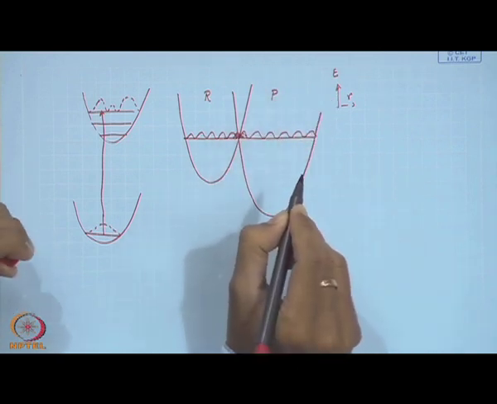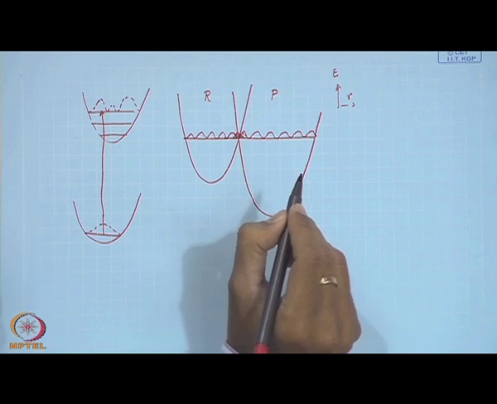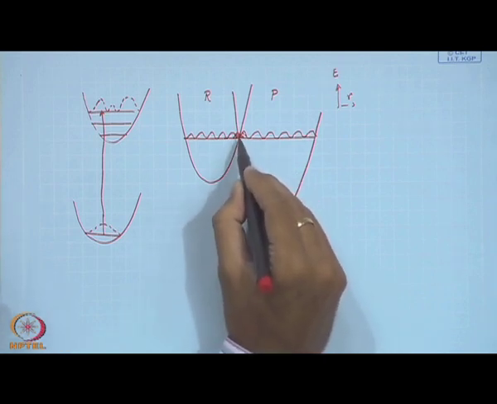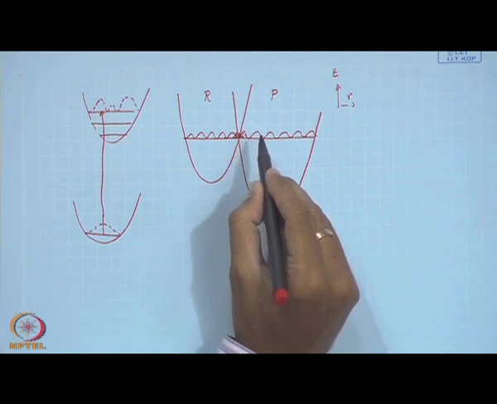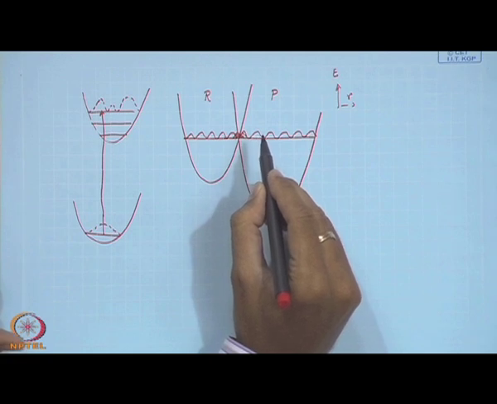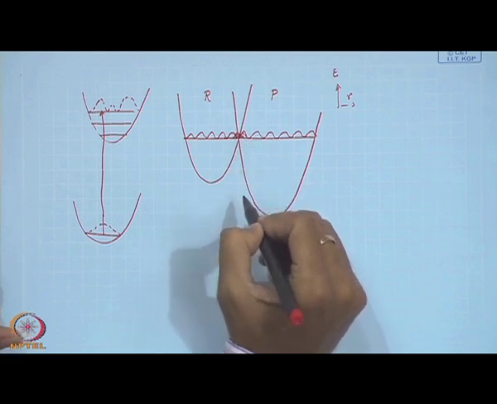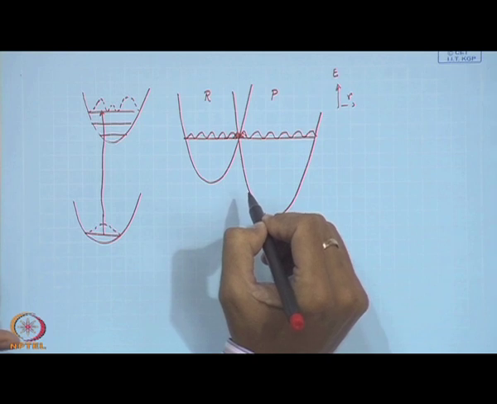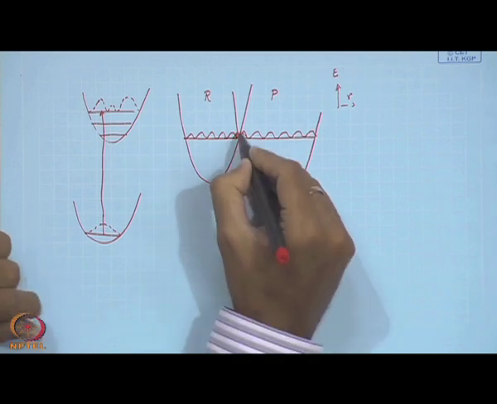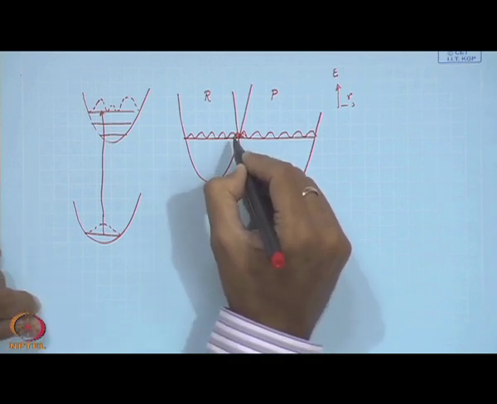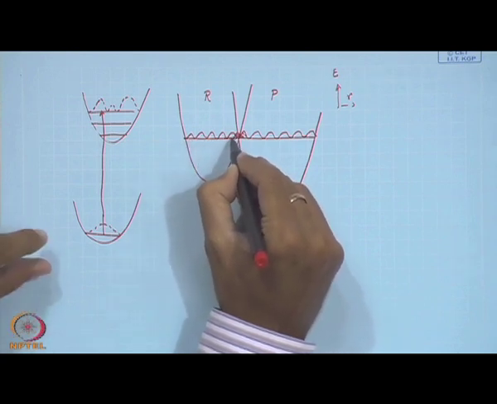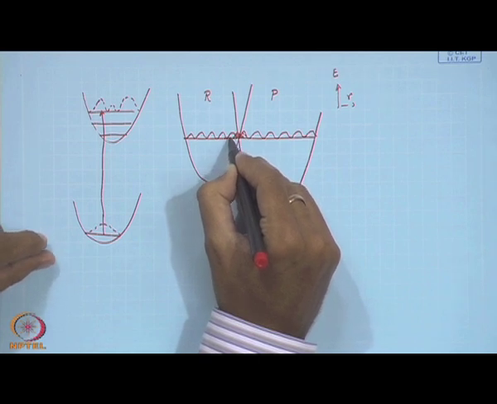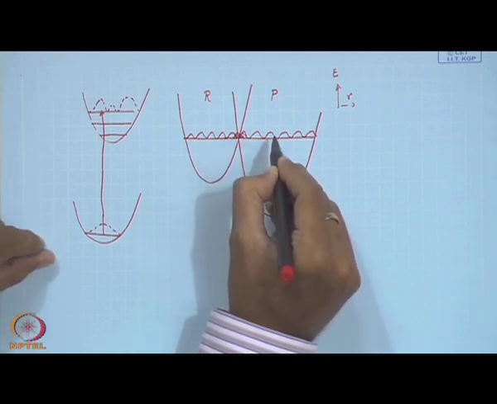So, this direct overlap plays a very important role, and this electron transfer is described as nuclear tunneling, which is related basically to this overlap. As if this vibration has been transferred from this side to this side.